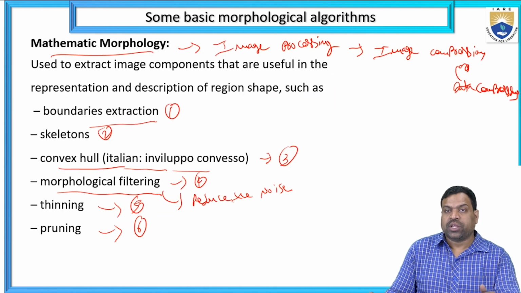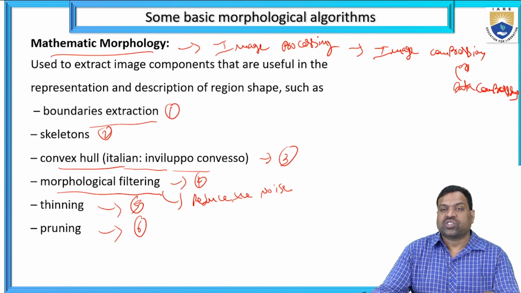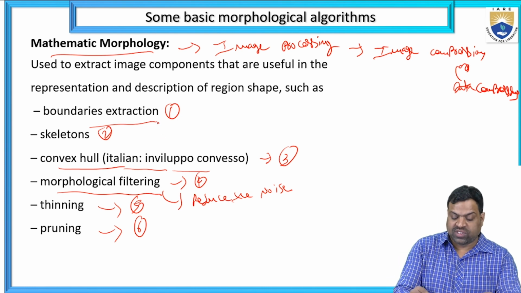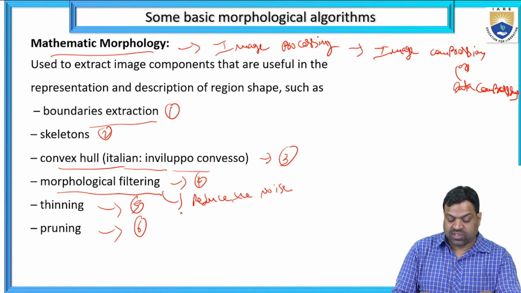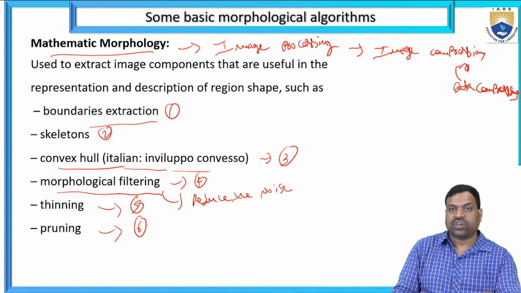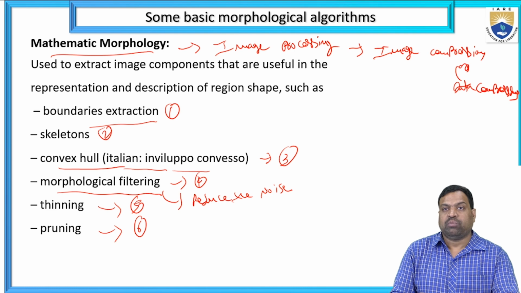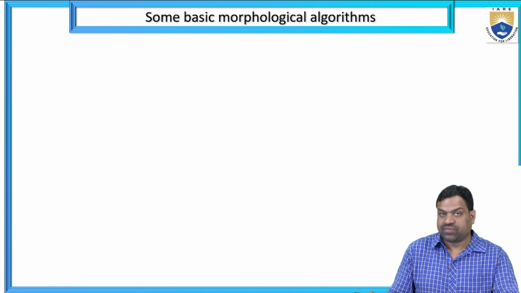So in mathematical morphology, we are extracting the image components that are useful in the representation and description of region shape, such as boundary extraction, skeletons, convex hull, morphological filtering, thinning, pruning. So these are the mathematical morphological types.